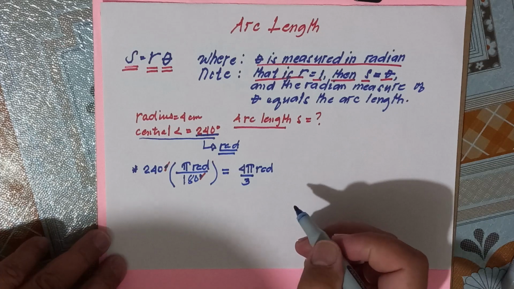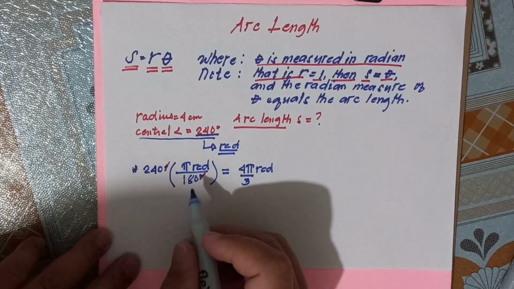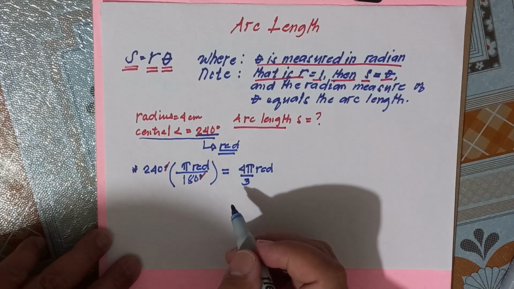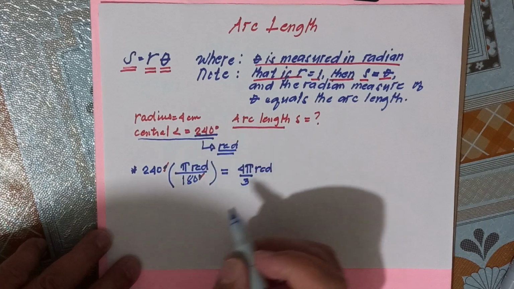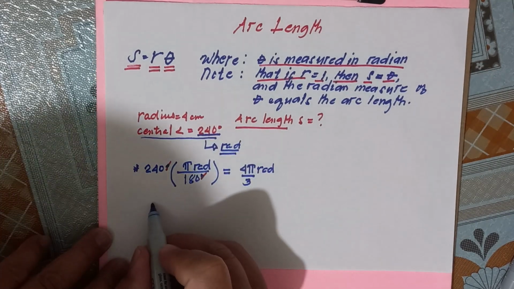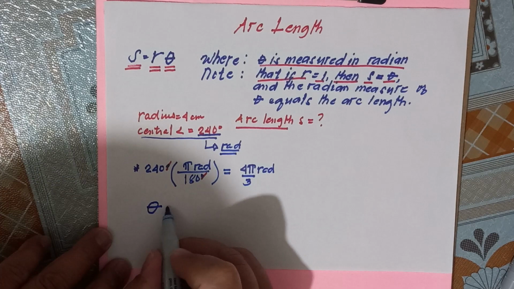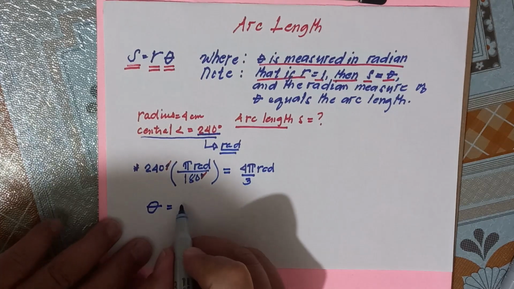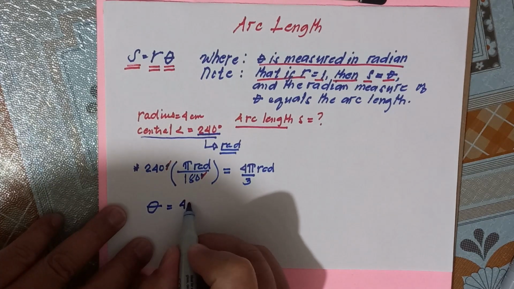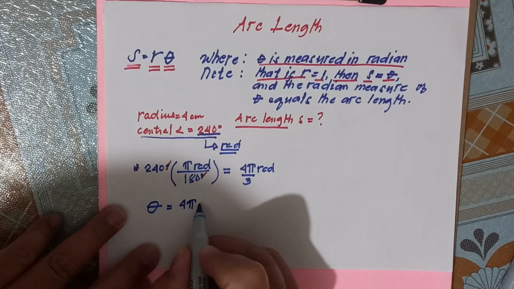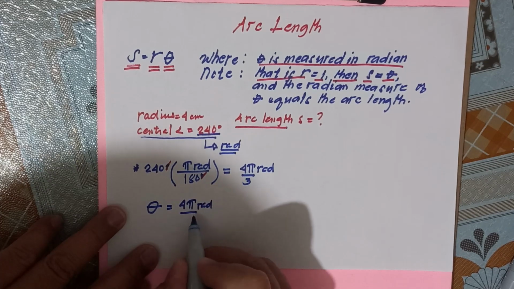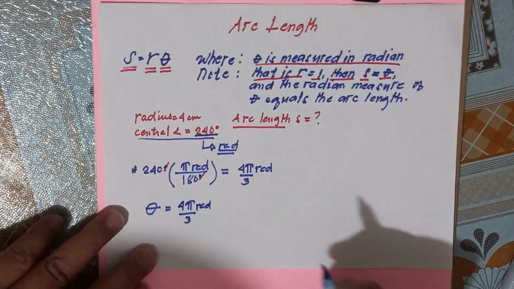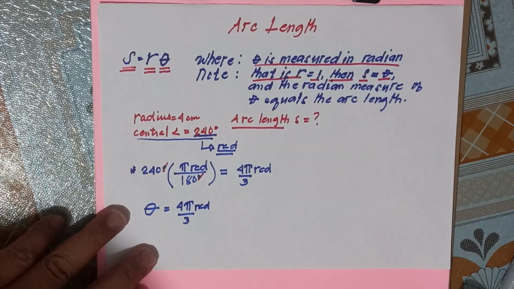So the measure of our angle theta is now 4 pi rad over 3.